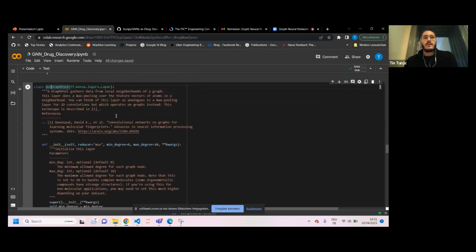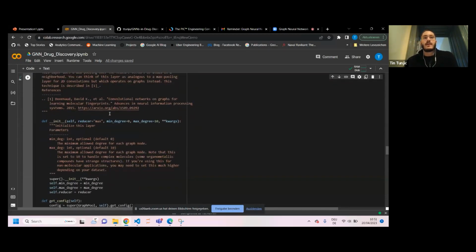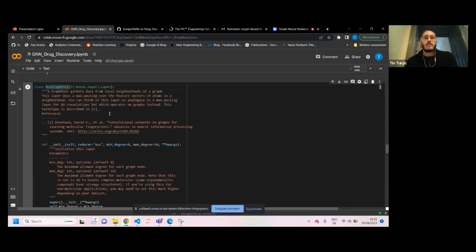And what they previously had, they only had a max reducer, so meaning the graph pooling of the nodes where the operator would be the maximum function.